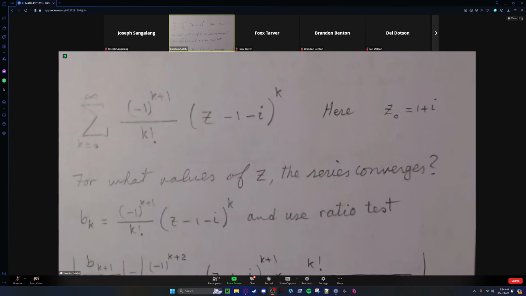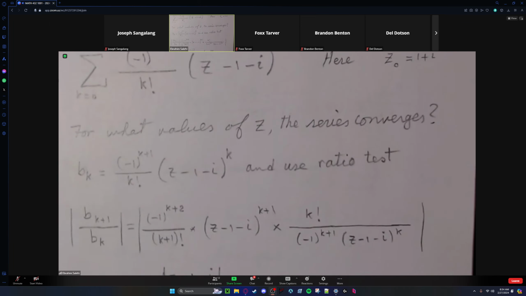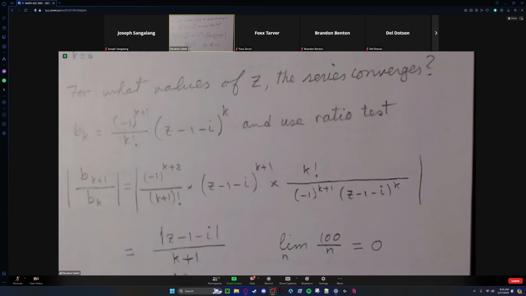Then applying the generalized ratio test, you form this quotient B sub k plus 1, which is this portion, divided by B sub k, and dividing by B sub k is multiplying by the reciprocal of this guy. You do the simplification, and this is what you get.